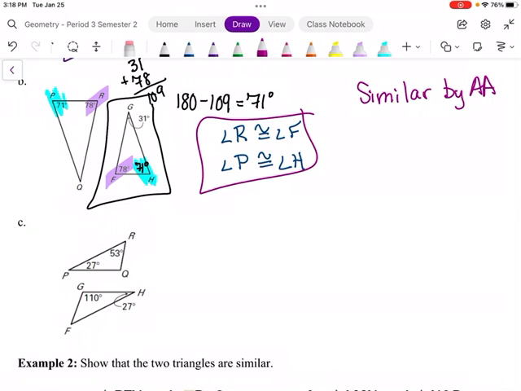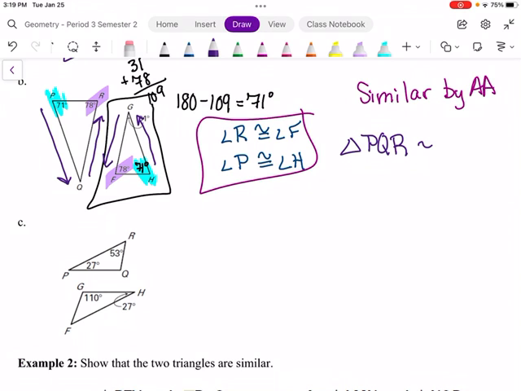Then we can write our similarity statement. So if I name my first triangle, let's just name it PQR. I went from my blue side to my non-highlighted angle to the purple angle. So I'm going to follow that same pattern in my second triangle. I'm going to go blue to the blank one to the purple one.